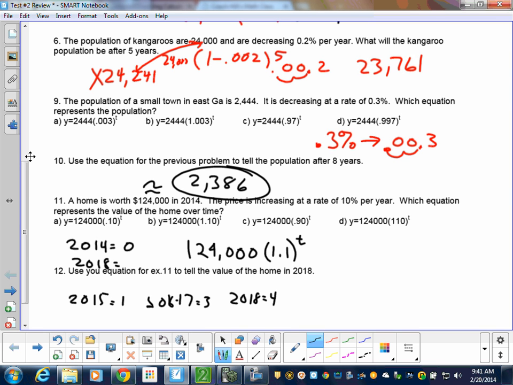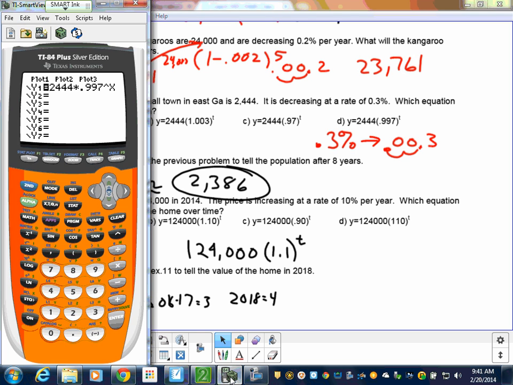That's what it says in number 11. Tell the value of the home, so you can just subtract 2018 minus 2014, take your 4, plug it in. Again, if I want to show a model for every possible situation, I can plug in 124,000 times 1.1 to the x.